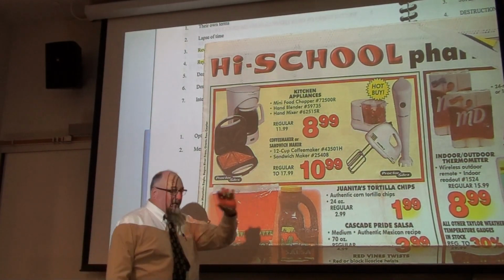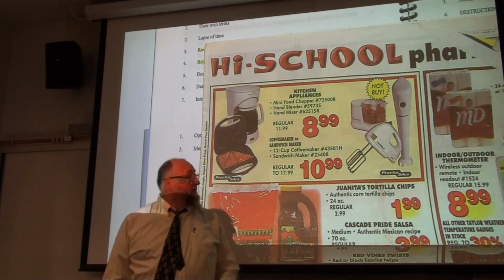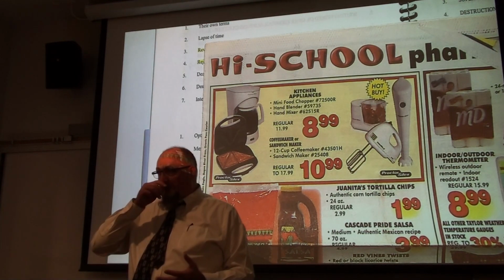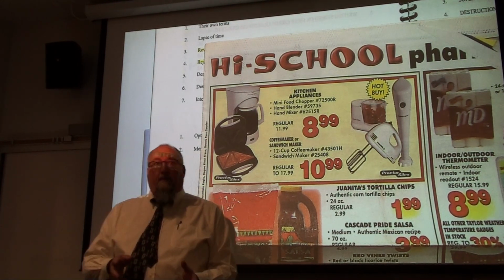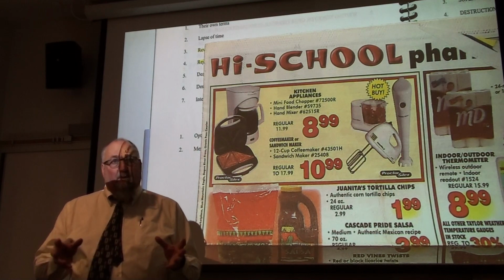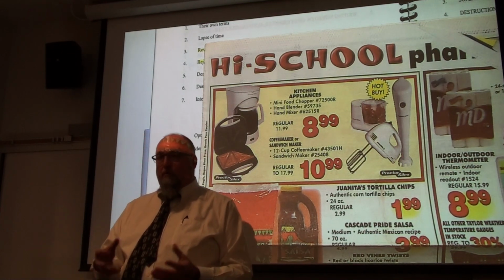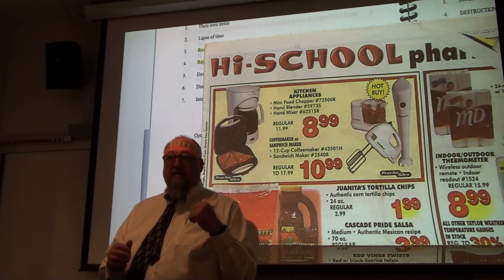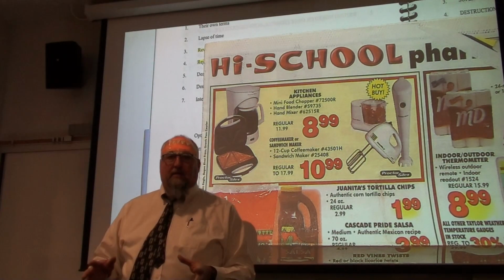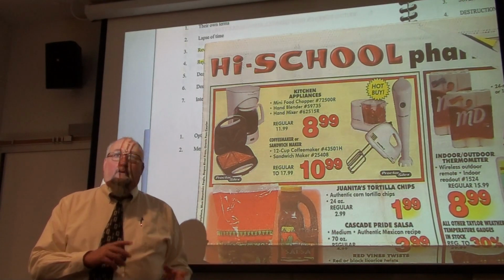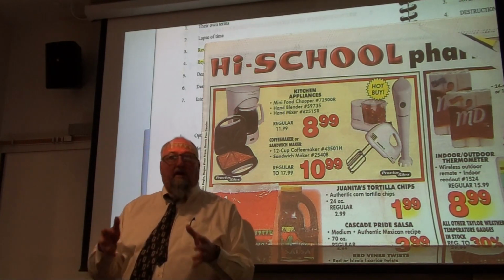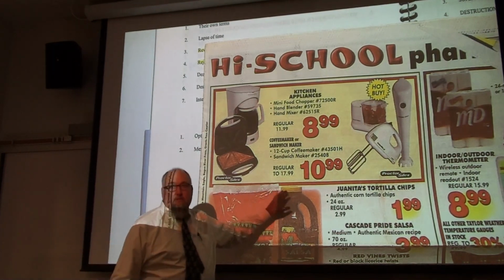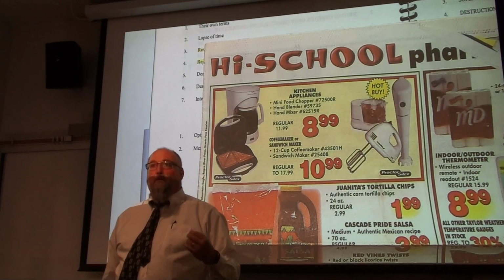So they give me a little piece of paper that says High School Pharmacy on it, tells me the product, tells me the price, and it's good for up to 90 days. Now I didn't pay them for that, but because they're a merchant and they gave me a written document, a rain check, they have to honor that price. Now, do I have to buy the sandwich maker? No, I'm not obligated. But if I do want to buy it within that 90-day time frame, or whatever time they put on the rain check, they have to sell it to me for that price. So it's a form of an irrevocable offer.